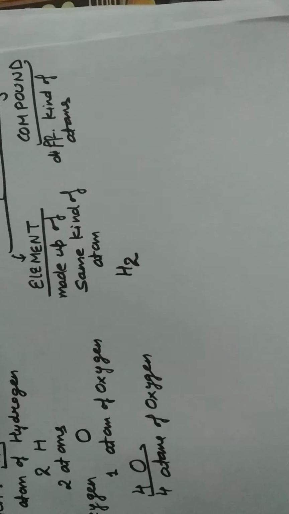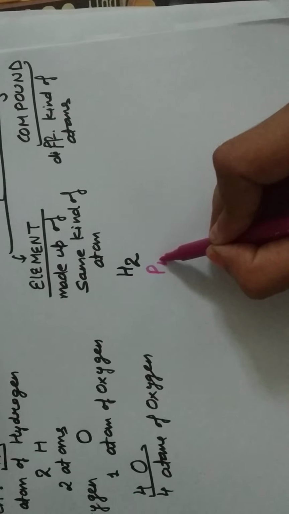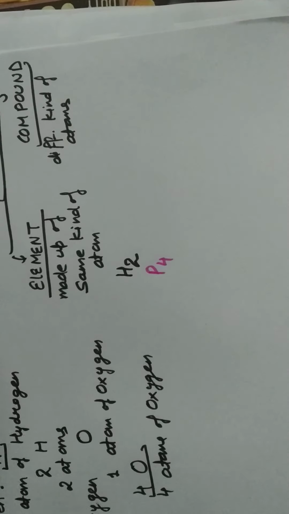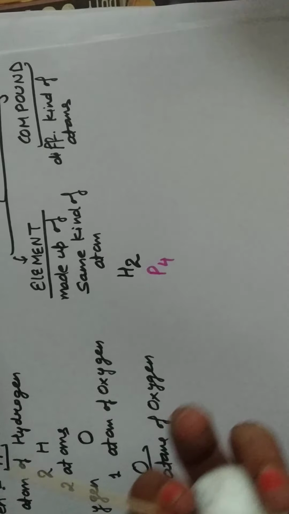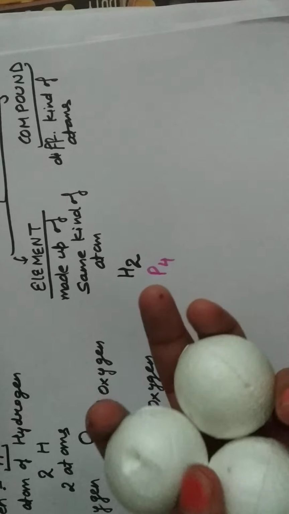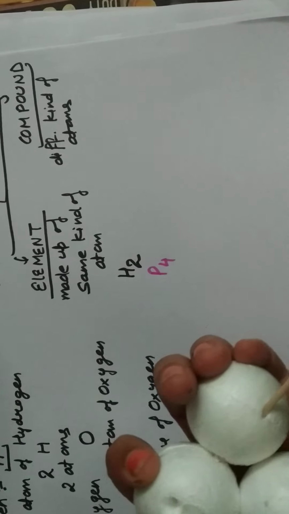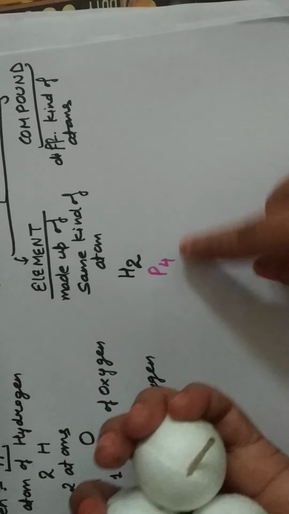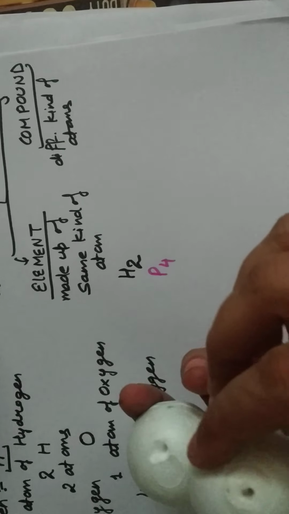Similarly, P4 means that four phosphorus atoms are joined with each other. You need not go into the detail of the shape or how we attach them. The only thing is that if a number is written in front as a subscript, then these atoms are combined with each other.